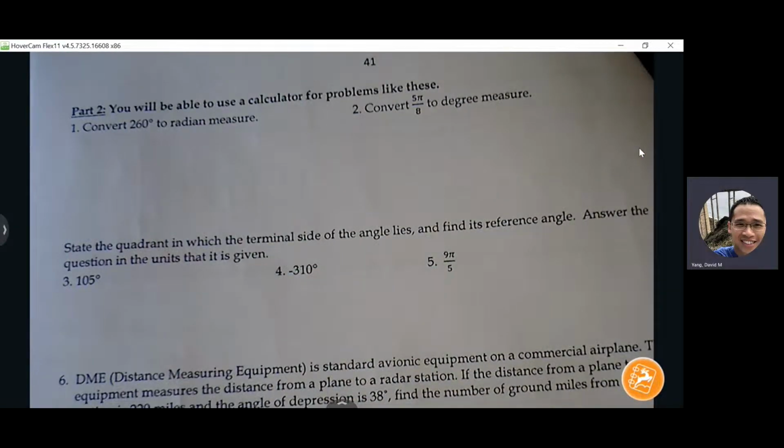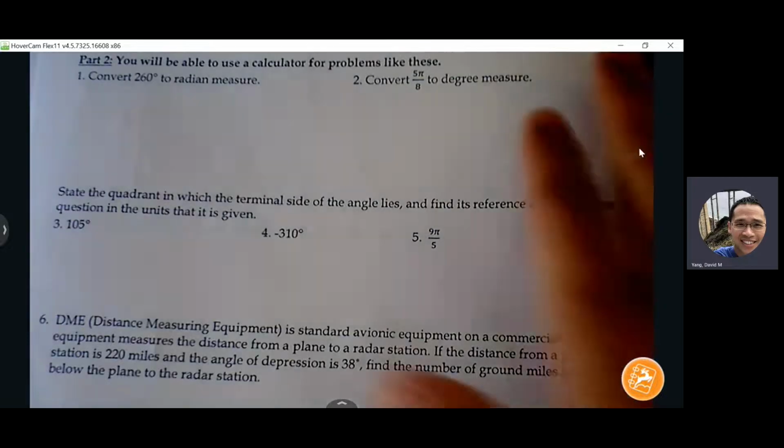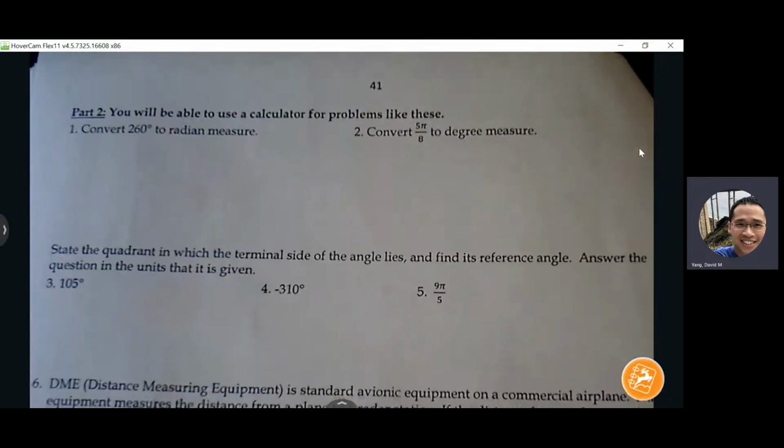You probably want to bring out your old quizzes and look through those problems as well, because your test tomorrow is just a combination of problems from your quizzes. Nothing new, but it's good that we review some of the older topics that we haven't seen in a while. So page 41.